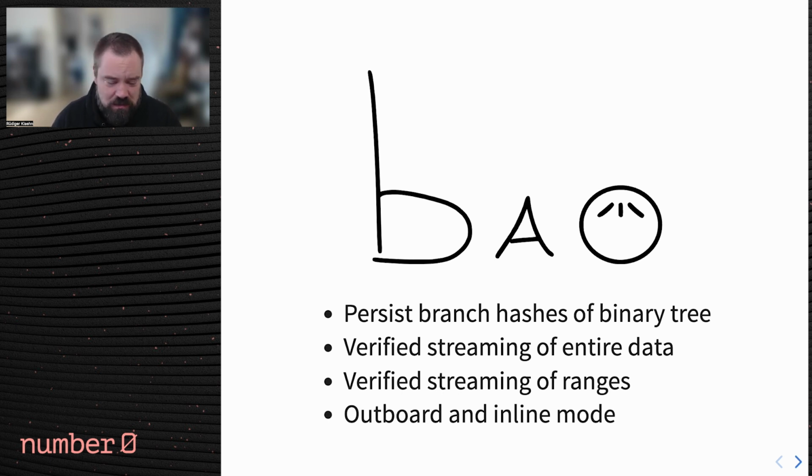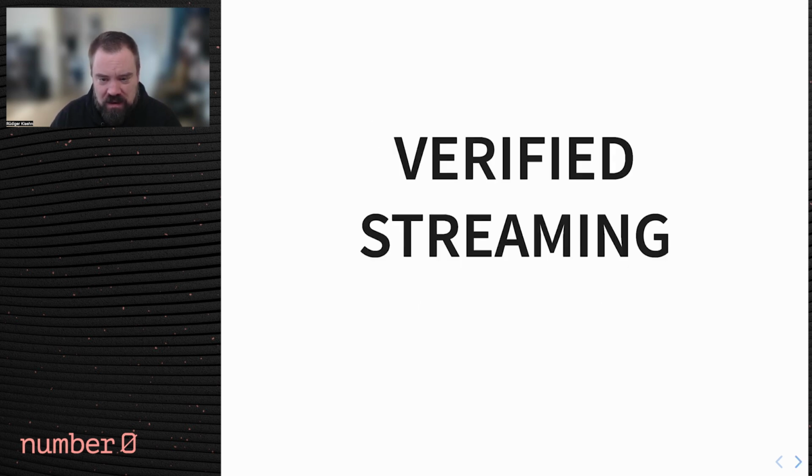There are 2 modes to persist the tree, either in an outboard way where the hashes are in a separate file, or in an inline way where the data and the hashes are mixed. Now, what is meant by verified streaming?